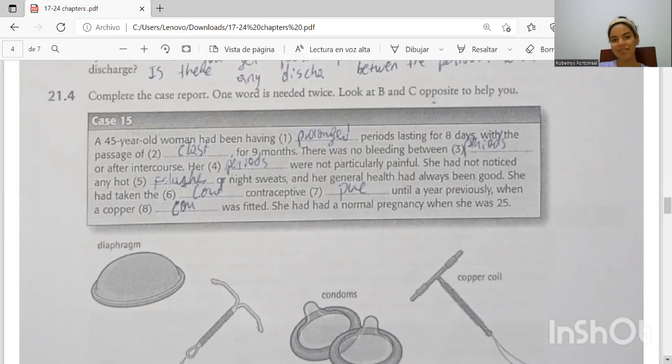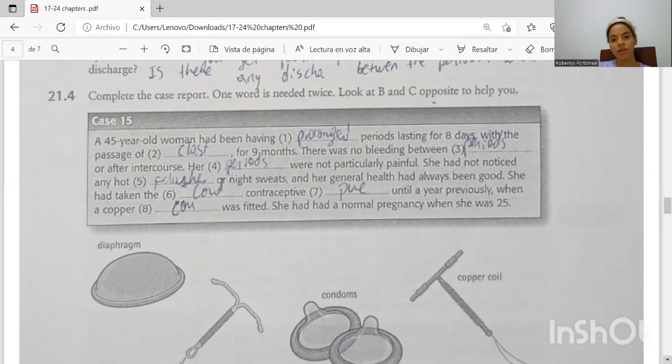Exercise 21.4. Complete these case reports. One word is needed in each space. Look at B and C opposite to help you. Case 15. A 45-year-old woman has been having prolonged periods lasting for 8 days with the passage of clots for 9 months. There was no bleeding between periods or after intercourse.